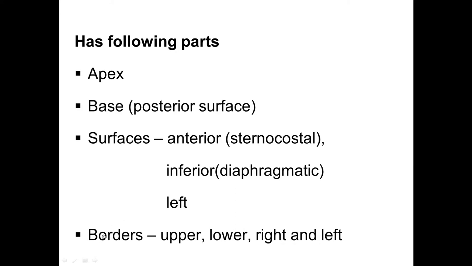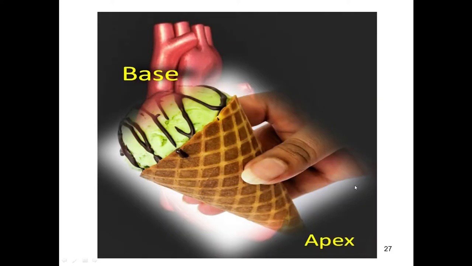The borders are upper, lower, right, and left. So the various parts are apex, base, surfaces, and borders. The heart is just like a cone. Looks yummy to you? So the heart has an apex and a base.